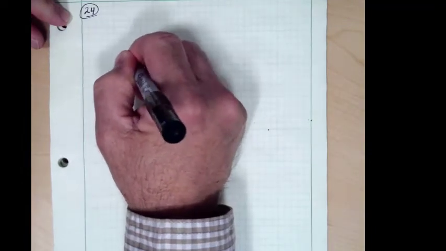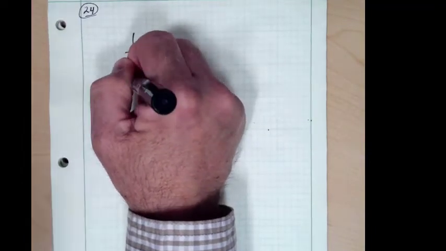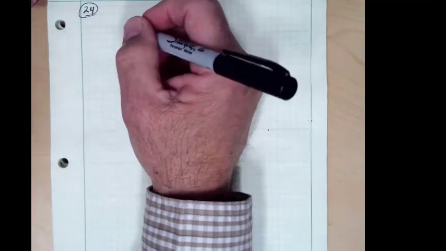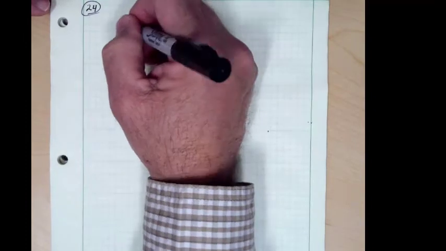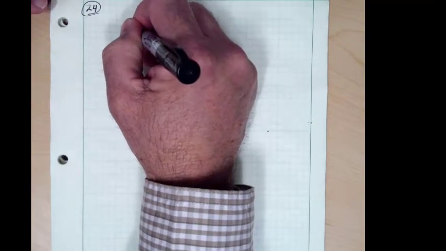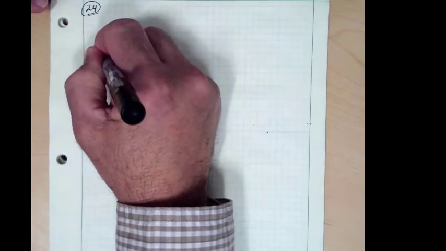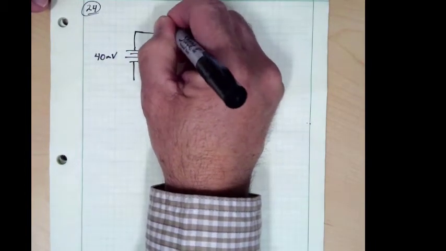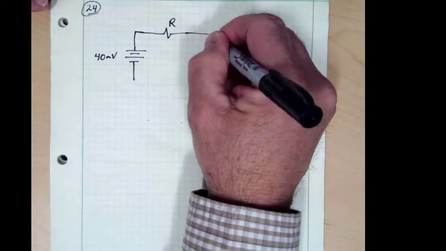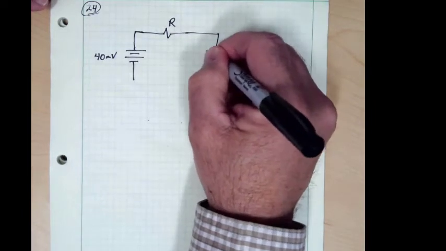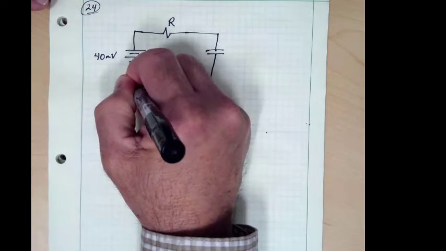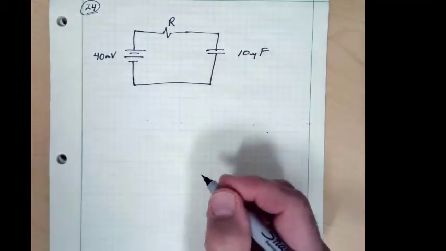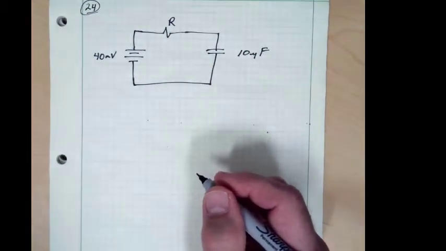So we have a voltage source, and the voltage is given as 40 millivolts, and we've got a resistor of some value in series with a capacitor, and the capacitor is listed as a 10 microfarad device.